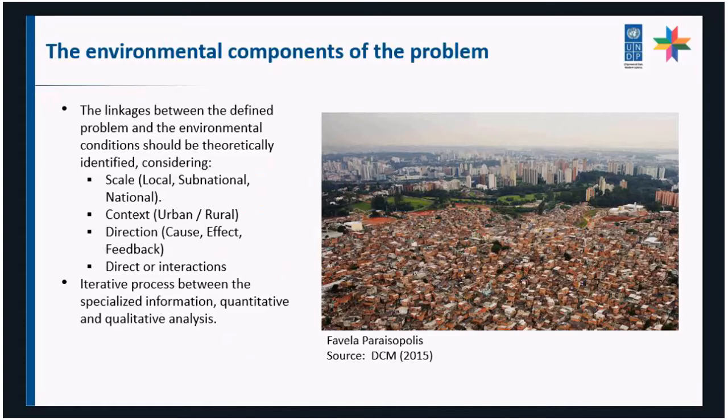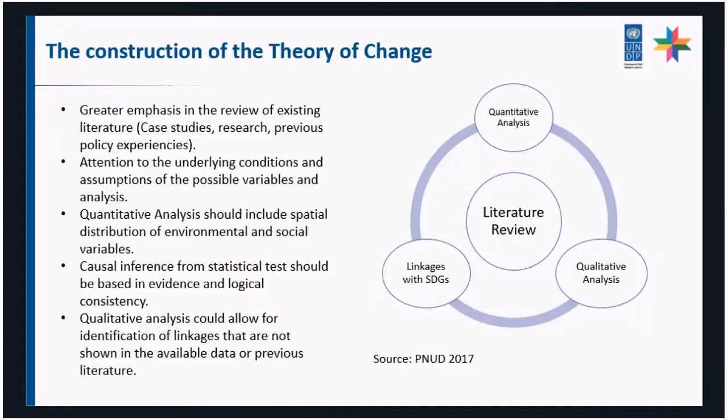It's going to be constantly updated as we get new data and more information, so we are able to refine the analysis. That's something we have to take into account.